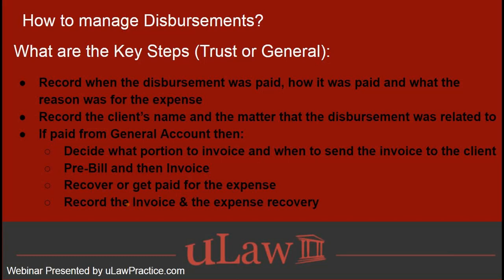It never was your money to pay up front. You've already gotten the retainer, and you're using that retainer, and you're actually removing this disbursement from that retainer that you received from the client.